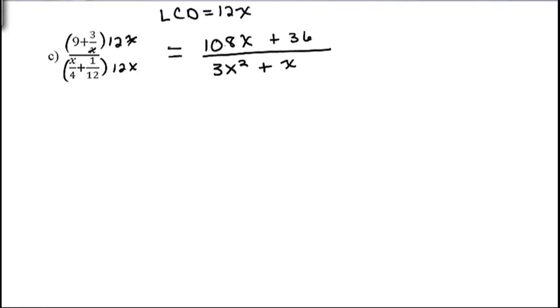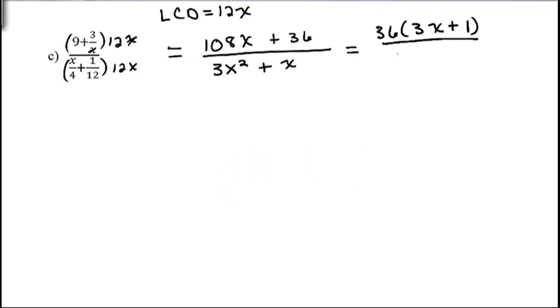So we can factor out a 36 on the top. And 108x divided by 36 is 3x, plus 36 divided by 36 is 1.